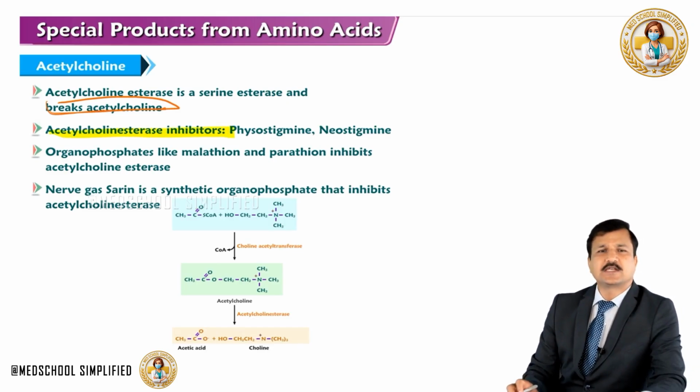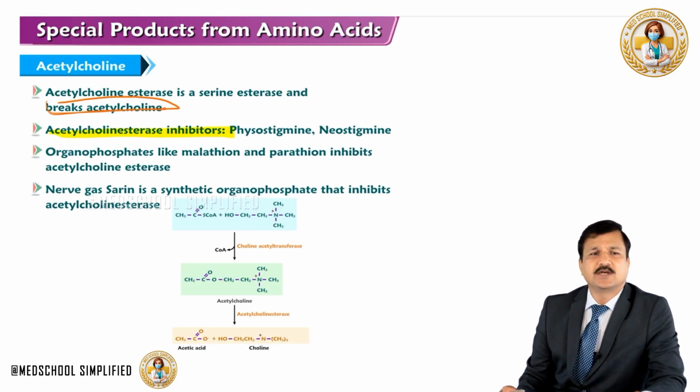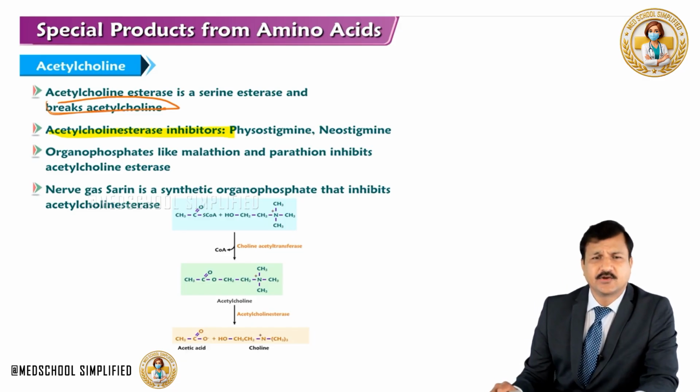Examples are physostigmine and neostigmine, and also certain pesticides belonging to the organophosphate category, like malathion and parathion. They all inhibit acetylcholinesterase and increase parasympathetic activities.